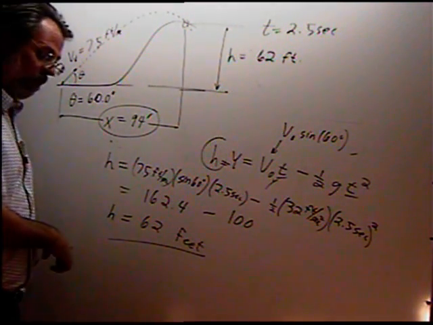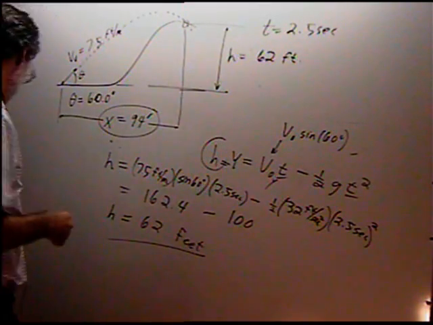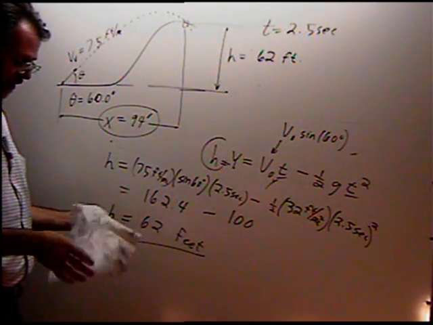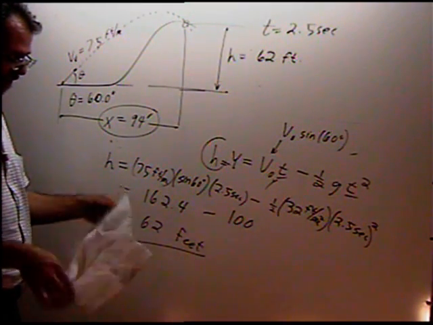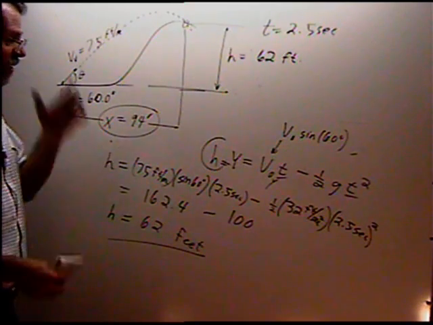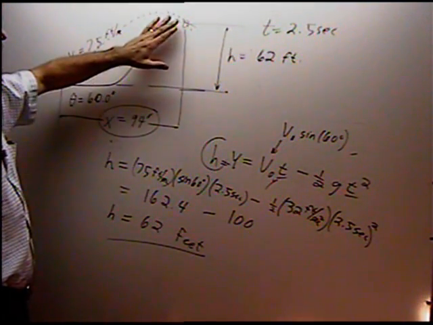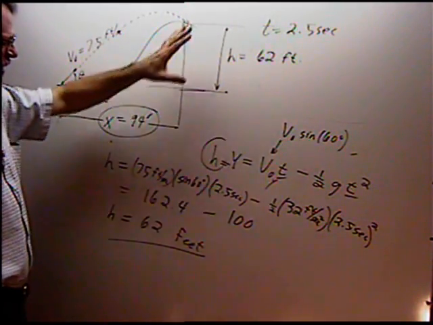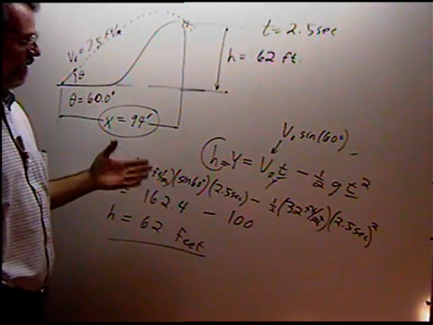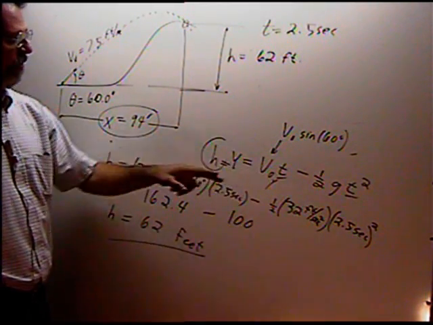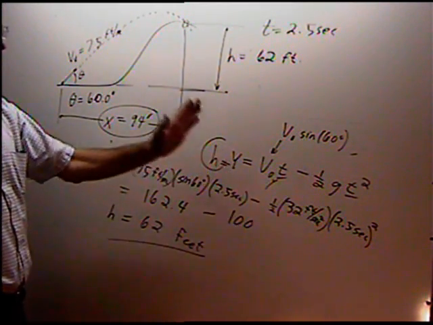That's a kind of trickier problem, because the problem does not involve solving something right at the peak. When you solve for something that's not at the peak, the only way to really do it is to solve for the time and plug the time into this equation, the y dimension equation.